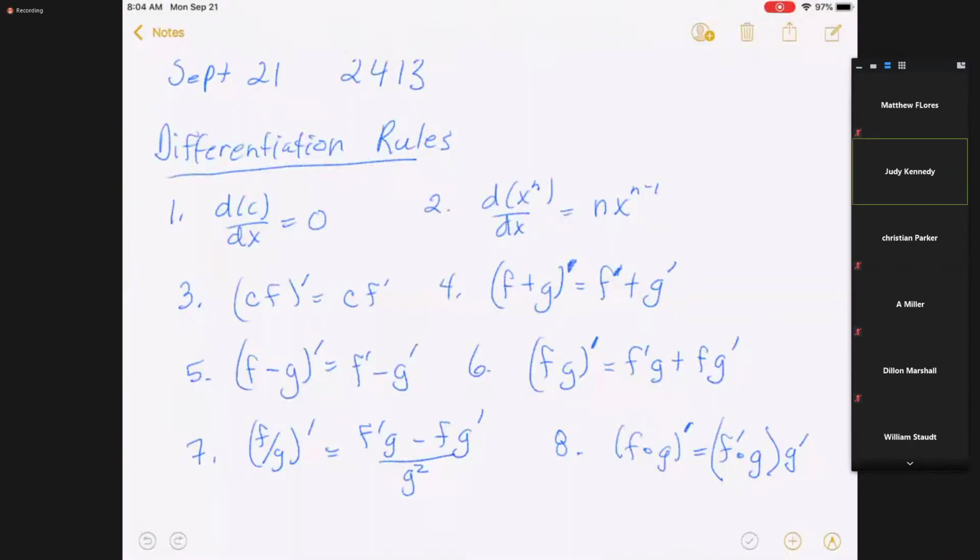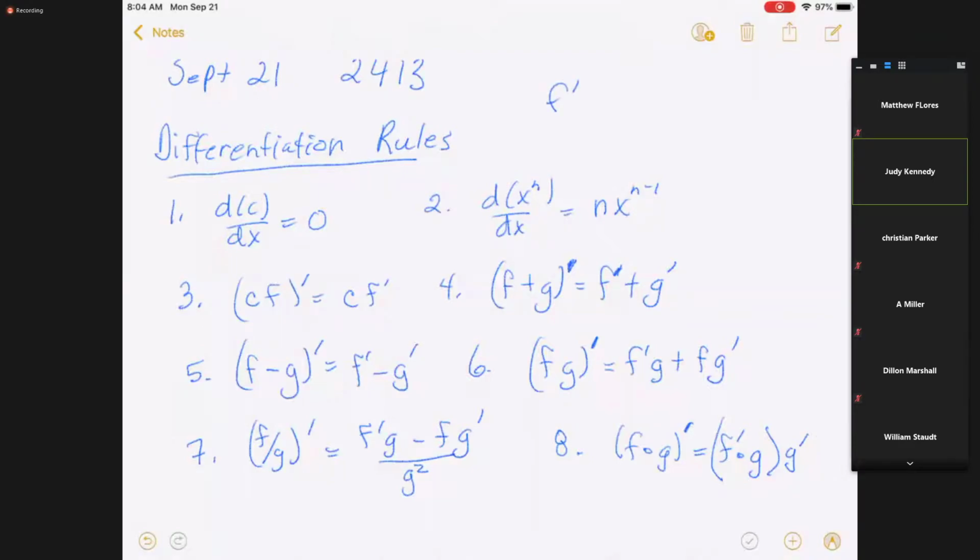Okay, differentiation rules. And we've been talking about this for at least a week now. Here's a summary of what we've done so far. I used some different notations on purpose so you would get used to them. Remember that we have a function f.